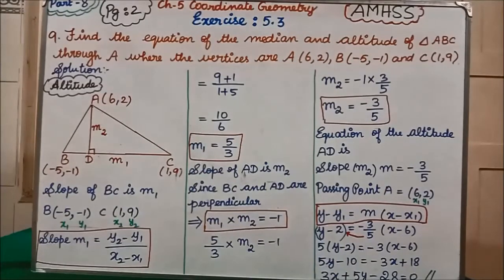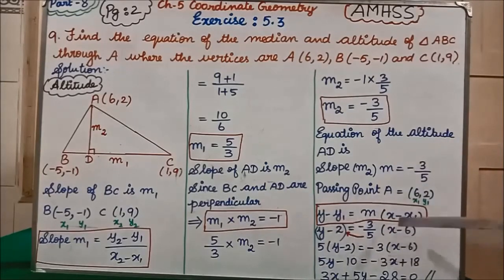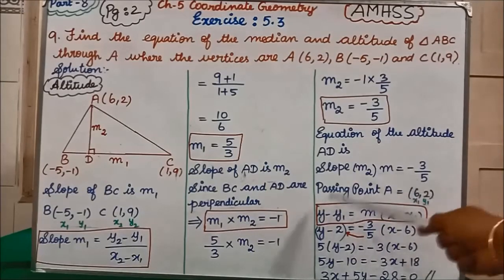Then take this 5 inside to each term. 5 into y is 5y, 5 into 2 is minus 10, equal to minus 3 into x is minus 3x. Minus into minus is plus, so 3 6s are 18. Clear? I have told you in the previous problem itself, write the x term, y term, and then the constant. See, since our x term is negative, we will bring this term to the left hand side.